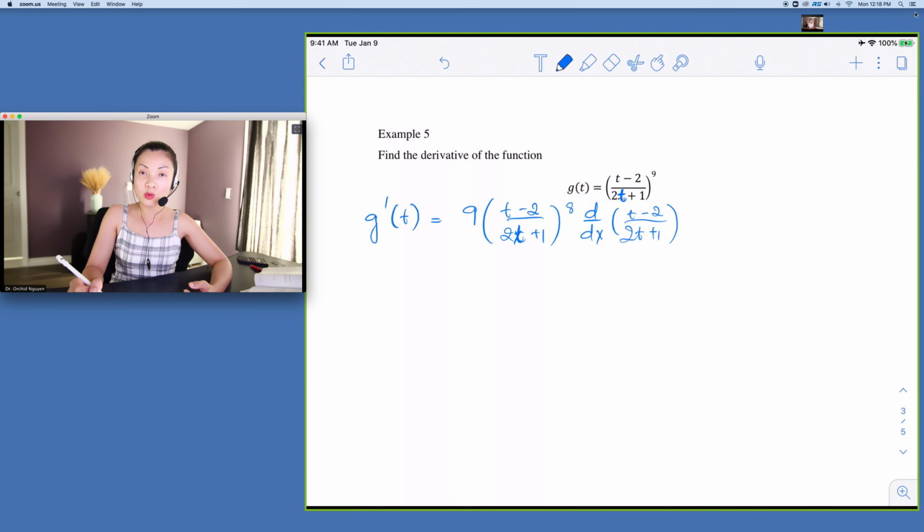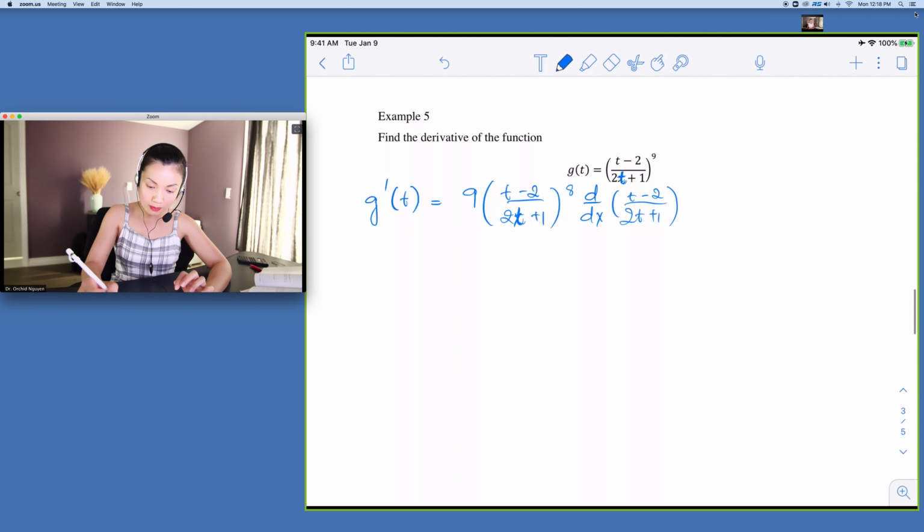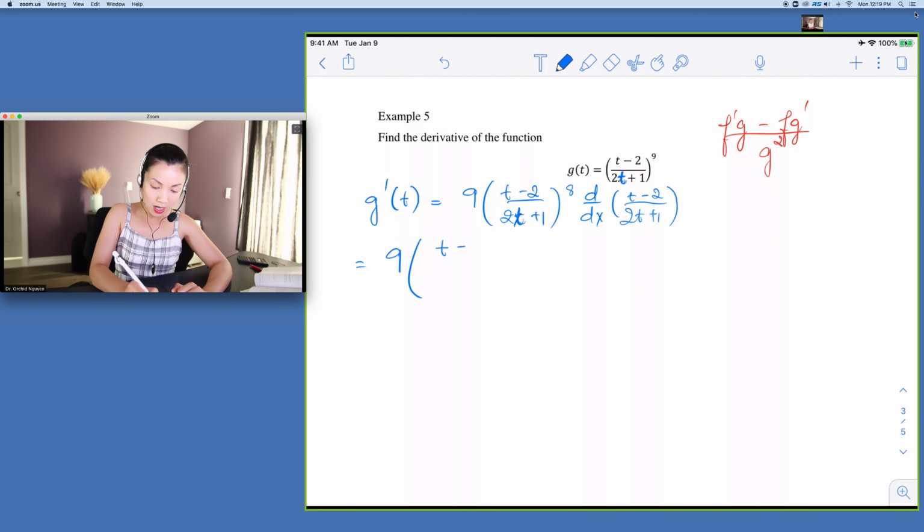Okay, so once again, the inside is the quotient rule. So hopefully you still remember how to take care of the quotient. How about I just write it up here? It's going to be f prime g minus f g prime over g squared. Okay, so I'm just going to rewrite the first part, (2t plus 1) to the 8th. Now, let's take care of the derivative inside.